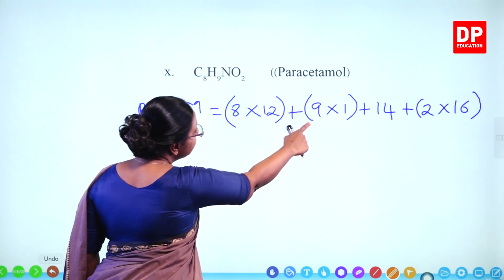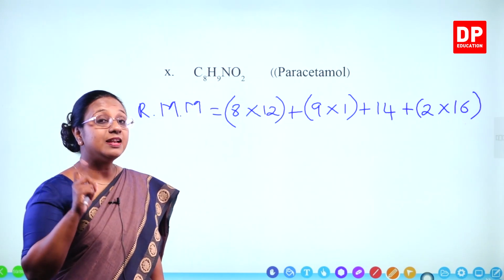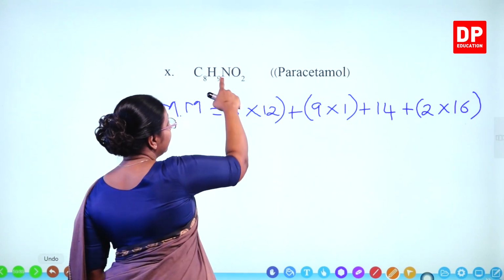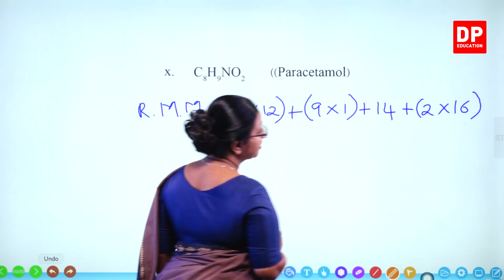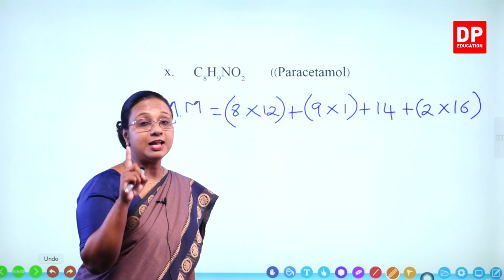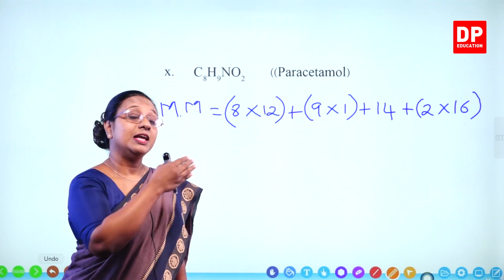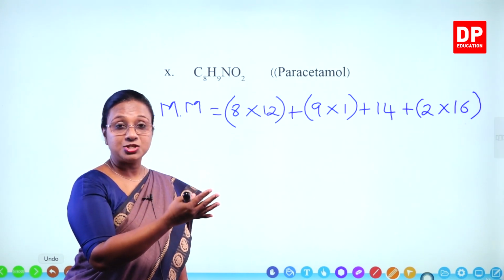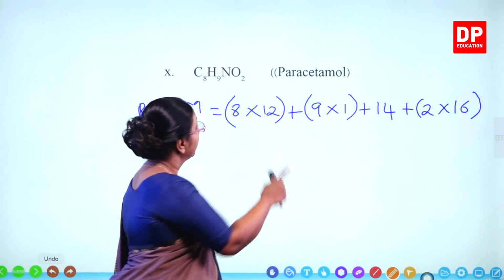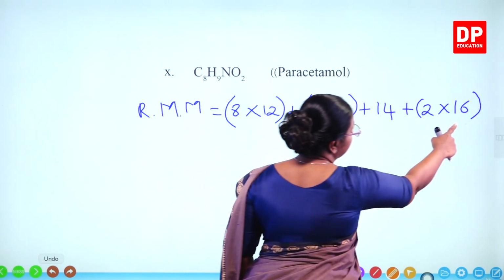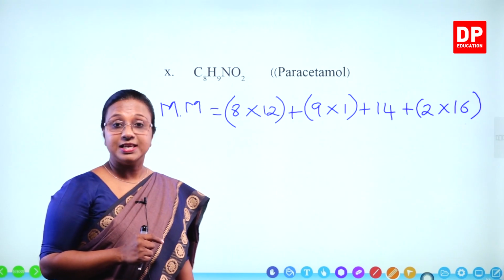Then there are 9 hydrogens and the relative atomic mass of hydrogen is 1. Then nitrogen, relative atomic mass 14 and only 1 nitrogen, so you don't have to show multiplying by 1. Initially, I did that, but then I told you no need to show. Then here, oxygen there are 2 and the relative atomic mass of oxygen is 16.